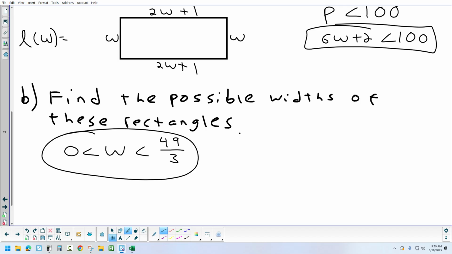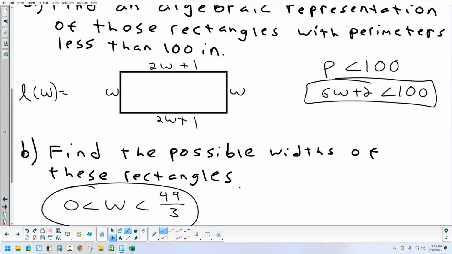So in the context of the word problem, make sure we put that in. Might not even be a bad idea to put that in right there, to say that the perimeter is less than 100, but it's also greater than 0. In fact, we should probably put that in right up where we did.